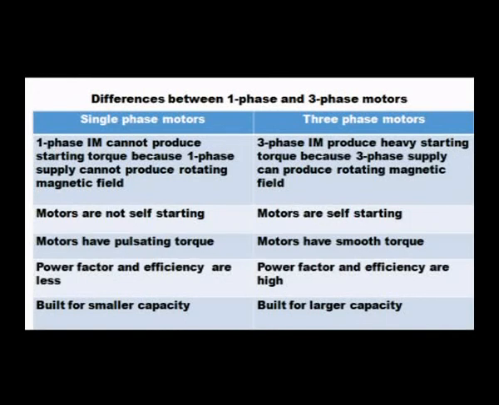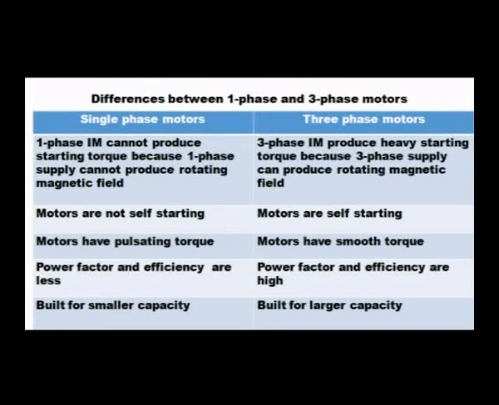And the third difference between the two is that single phase motors have pulsating torque, whereas the three phase motors have smooth torque. There will not be any pulsating torque. Whereas in case of single phase motors, the power factor and efficiency are less because the losses are more.